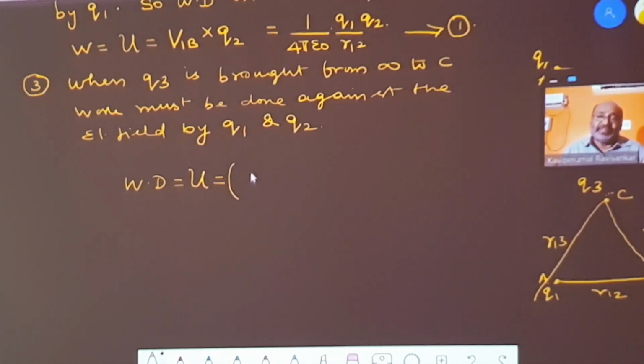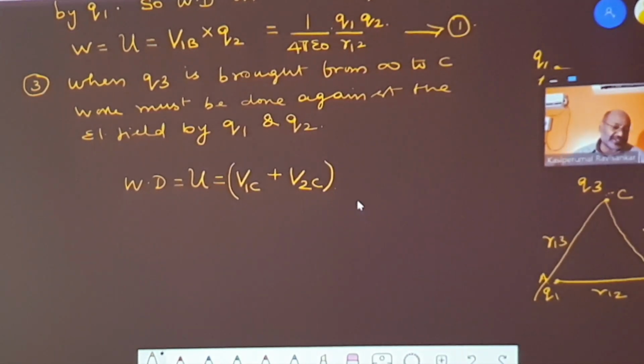First of all, the potential at point C due to Q1, we can write as V1C, plus the potential at C due to Q2, which is V2C.